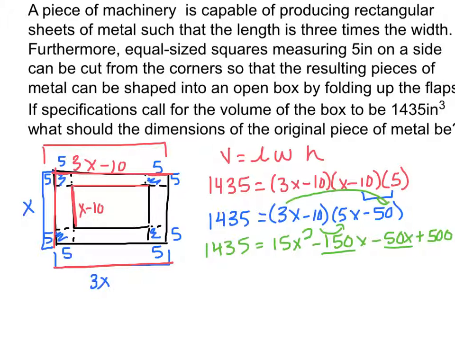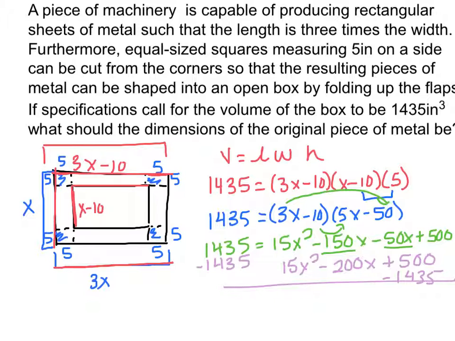Let's shorten that up just a tad. I'm going to combine my like terms right there. And when I combine those like terms, I get negative 200x, 15x squared, plus 500. The other thing I'm going to go ahead and do is subtract this 1,435.